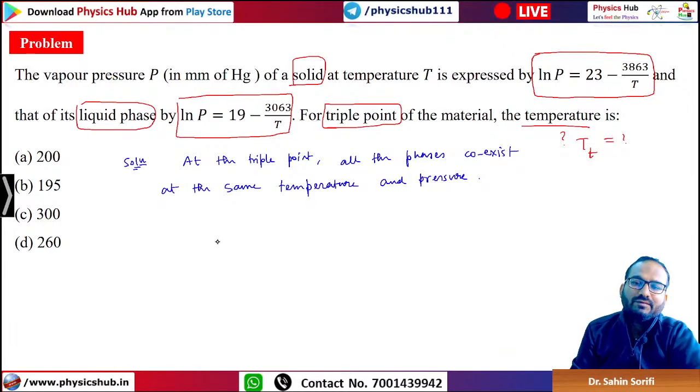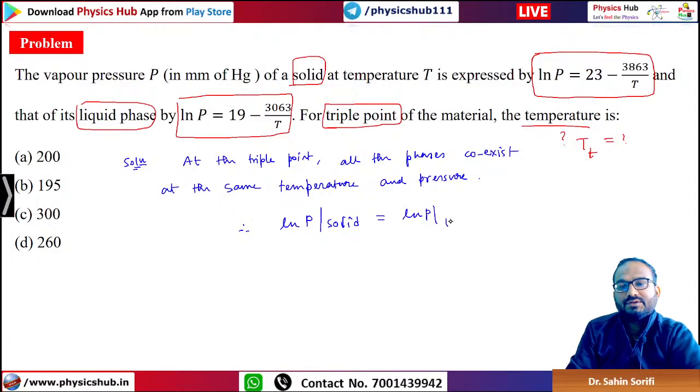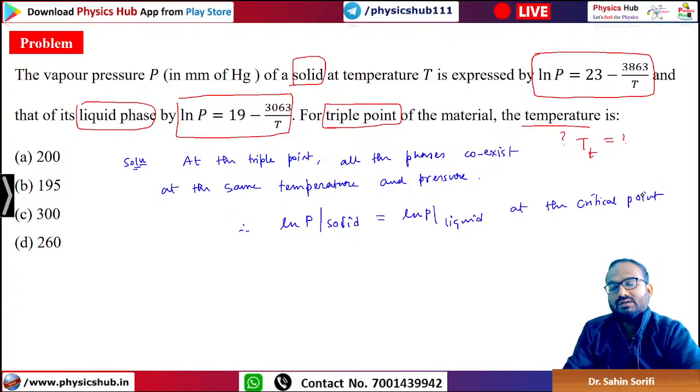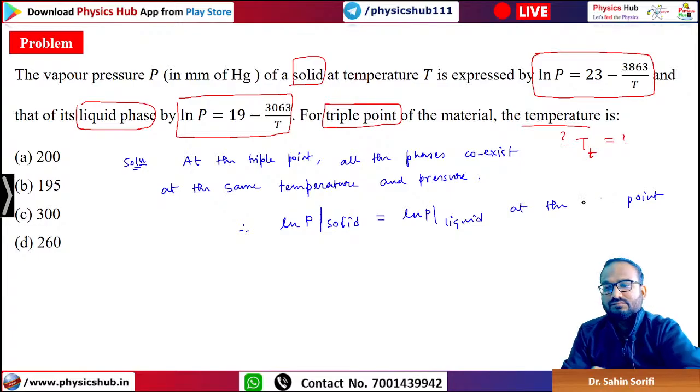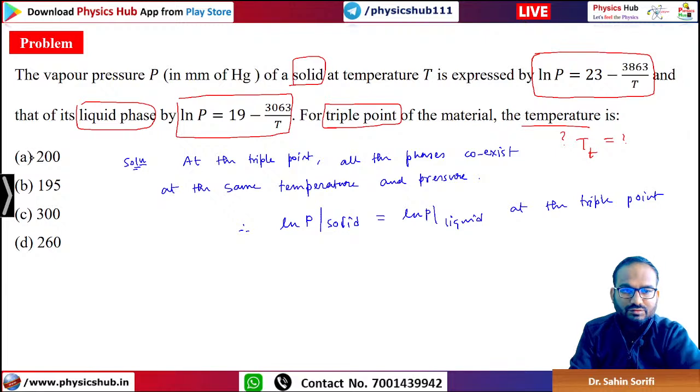At the triple point, all the phases coexist at the same temperature and pressure. So we can say that ln P for solid should equal ln P of liquid at the triple point. Option A, 200.